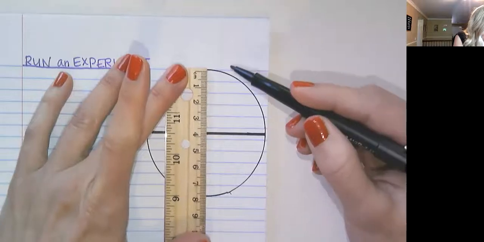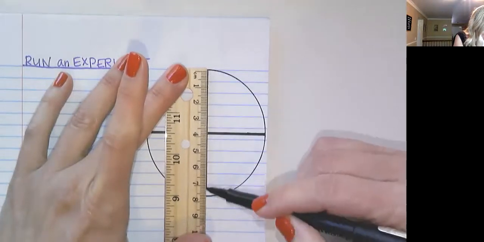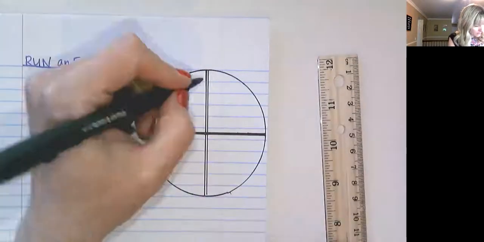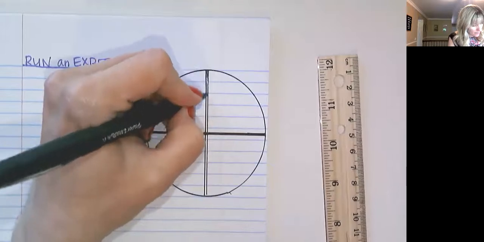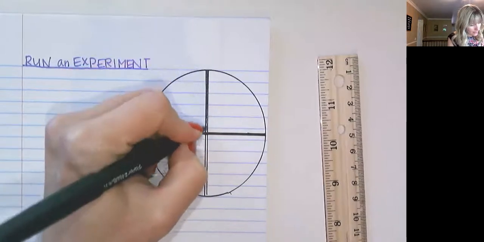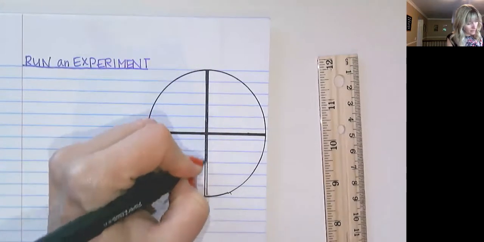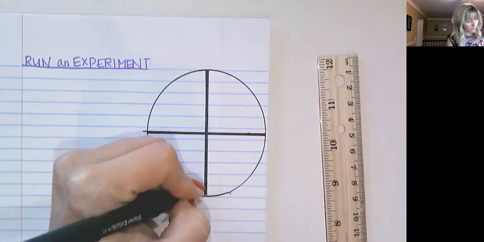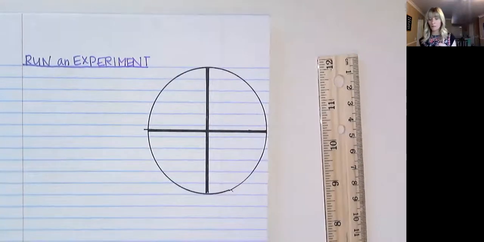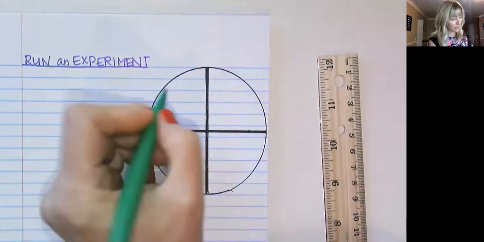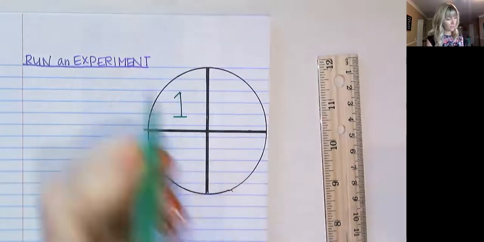I'm gonna make this one nice and thick too to account for any errors, just like I did the other one. So I've created a circle with 4 equal sections, and I'm just gonna number them. And because you all know how much I like colorfulness, I'm gonna number them in 4 different colors.